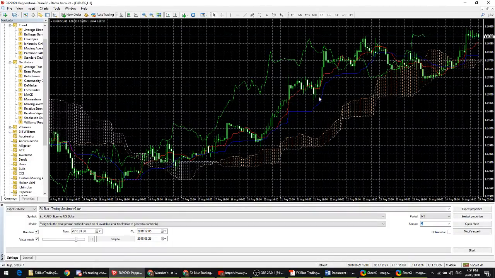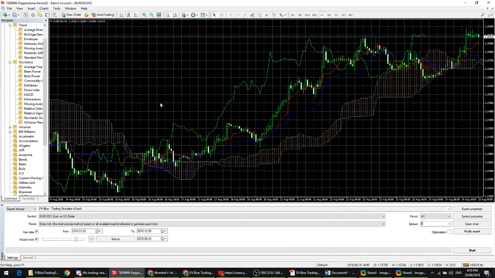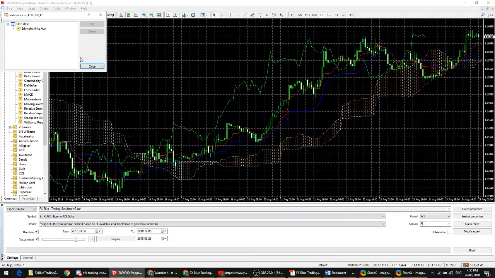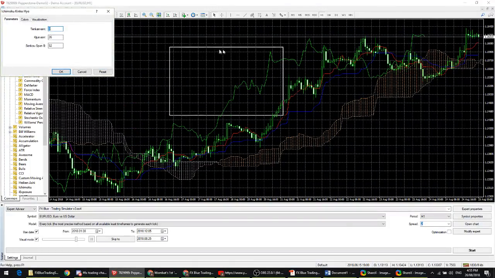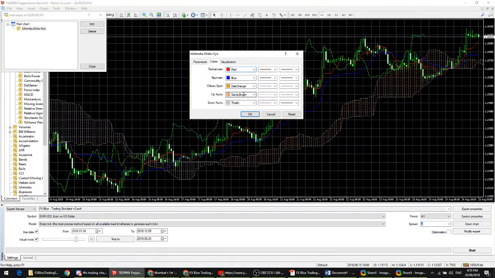So what we're going to do is get rid of lots of this noise and cut it back. So you can do this with indicators. We're wanting the trend, so we're going to remove all the other crap from it. How are we going to do that? Right click, indicator lists, edit. Anyway, colors. So we want to get rid of, whoa, I'm changing all this, reset.